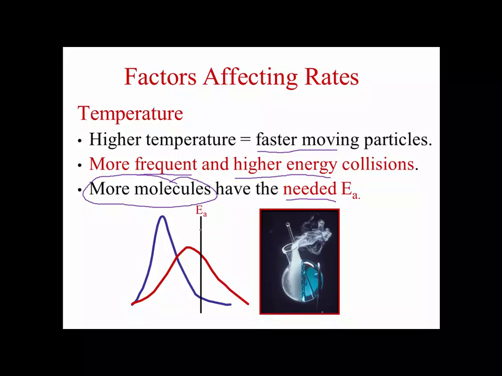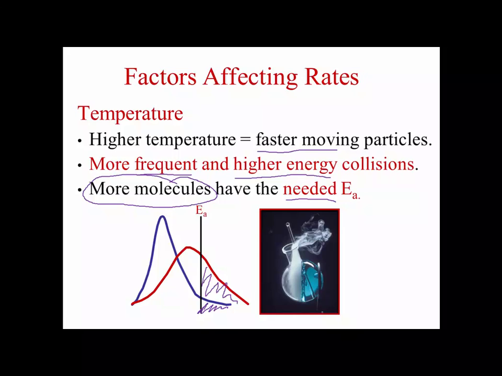If this is the activation energy here, then as you have this higher temperature, more of the molecules have that necessary activation energy, where down here, only these molecules have that necessary activation energy. So temperature gives you faster, more frequent, and higher energy collisions, and more molecules have the needed activation energy.